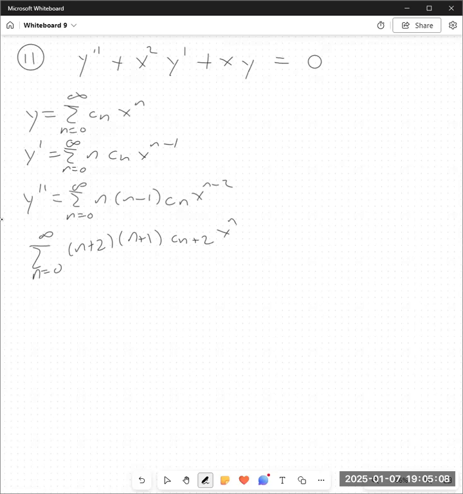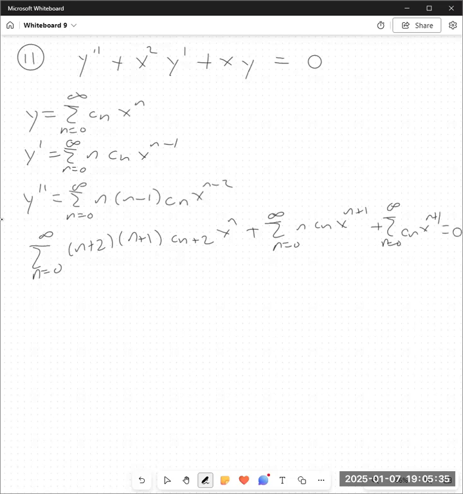But these other two, when I multiply x squared in here with this form, I get the sum from n equals 0 to infinity of n Cn x to the n plus 1, plus, and when I multiply x into this one, I get the sum from n equals 0 to infinity of Cn x to the n plus 1. That needs to equal 0.